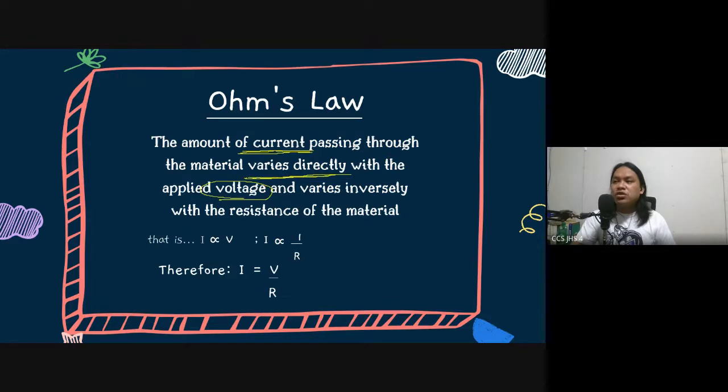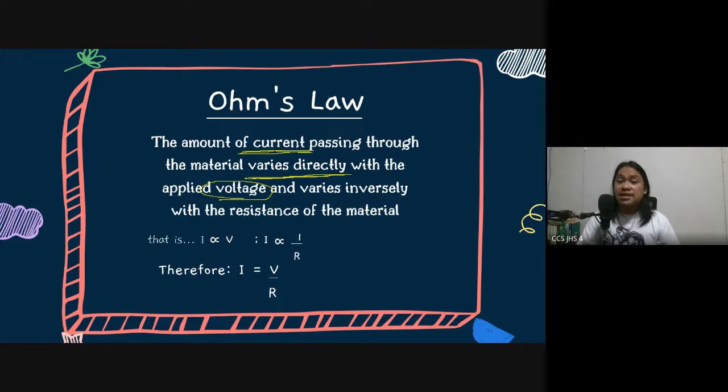What do we mean by the term varies directly? Anyone? In other words, we can also say directly proportional. Current is directly proportional with voltage.